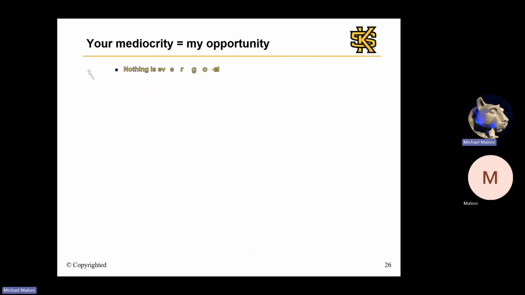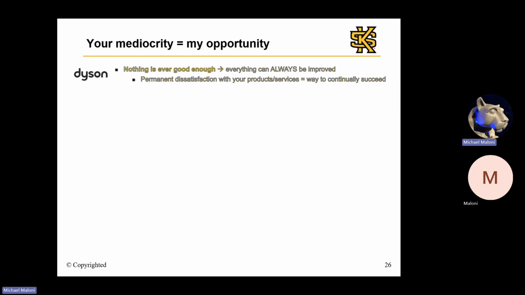Let's look at this perspective of continuous improvement from quality leaders. Dyson, even though he's now a billionaire, approximately 17 billion, James Dyson, the vacuum cleaner king, maintains that nothing is ever good enough. Everything can always be improved. He recommends a mindset of permanent dissatisfaction with your products and services as the way to continually improve and succeed.